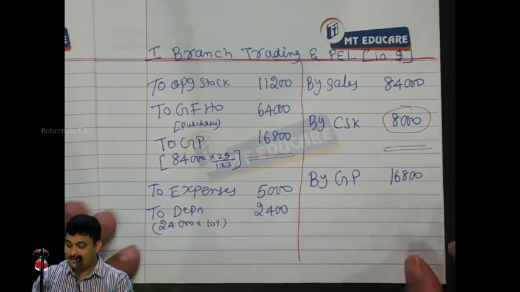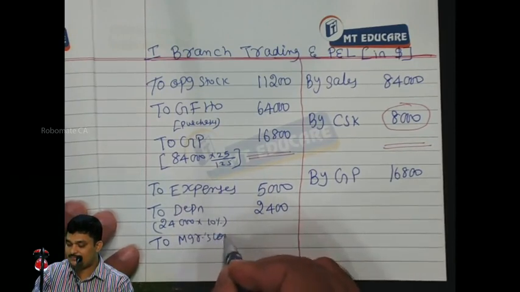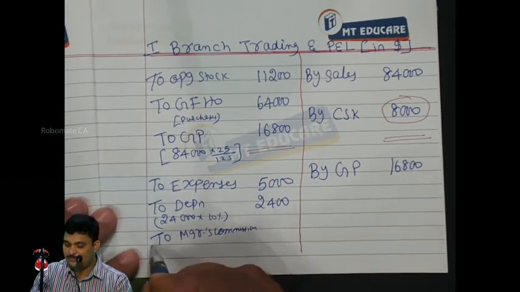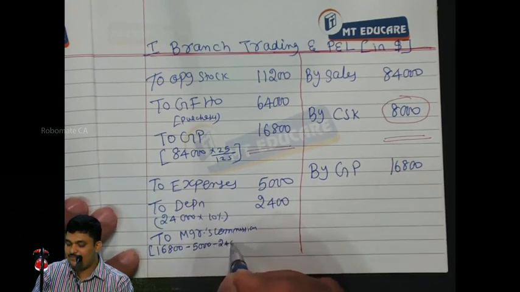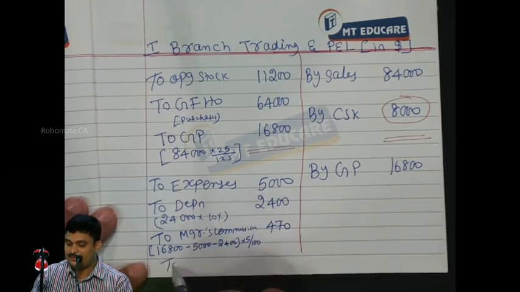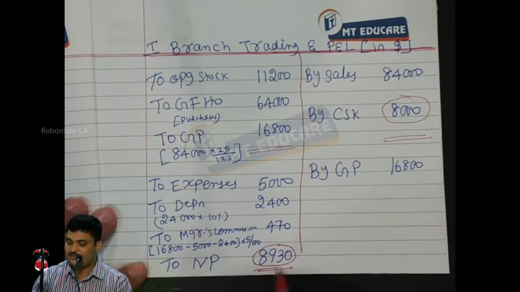Now the manager's commission equals 16,800 minus 5,000 minus 2,400 into 5 by 100, 470, to net profit. This is how the profit comes. We got 5 marks already out of 16.